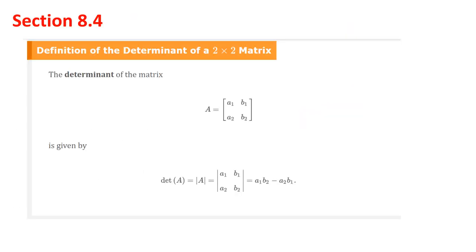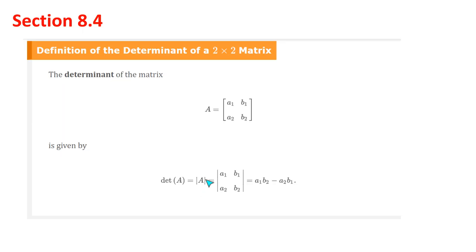Okay, determinants. As we mentioned earlier, we have a matrix, and the symbol for determinant is either written as det or these two vertical lines that look like the absolute value sign.